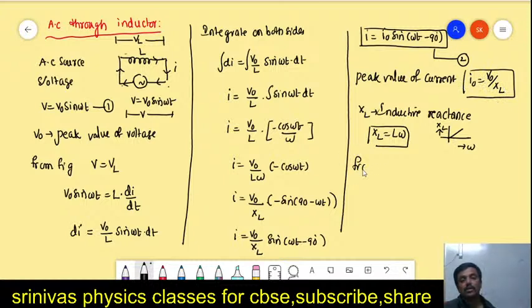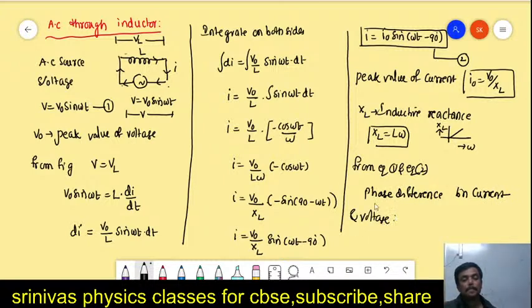From equation 1 and equation 2, first we find the phase difference between current and voltage in the inductor. How do we get the phase difference?